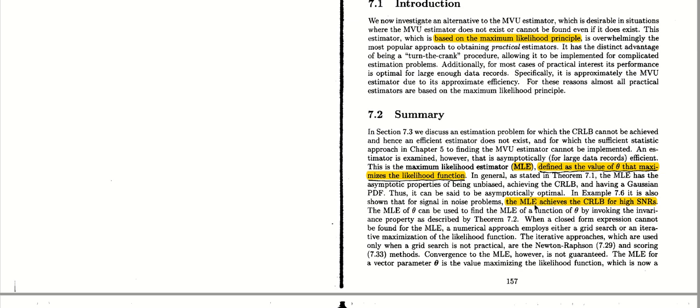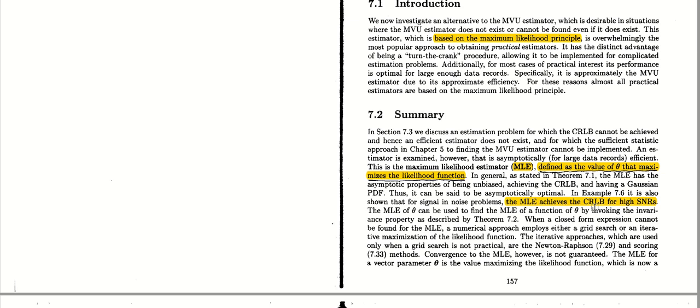But here, from an engineering perspective, what we want to do is come up with an estimator that achieves CRLB, right? Because CRLB is the bound. If you have an estimator that achieves the bound, the estimator is the best one. Okay, so that's the way we think about it.